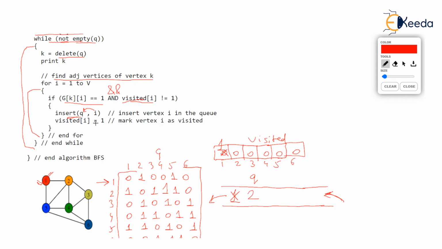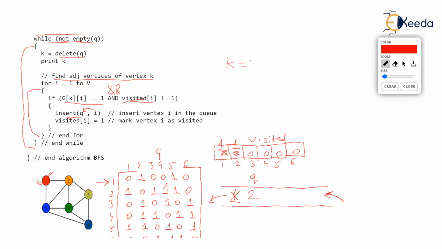And after inserting 2 in the queue, we will immediately mark that the second element of visited as 1. I said early in this discussion that we mark a vertex visited immediately when that vertex joins the queue. By the way, you always remember what is K. K is 1.